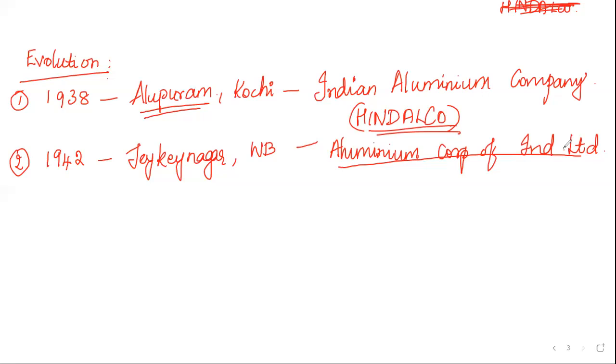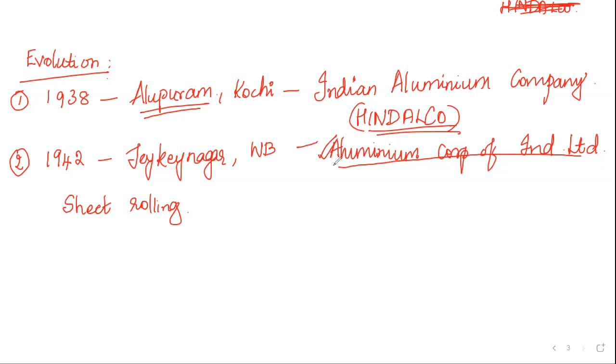And there was a considerable market in and around West Bengal with respect to aluminium utensil manufacturing and sheet rolling. And therefore, this place flourished very well.